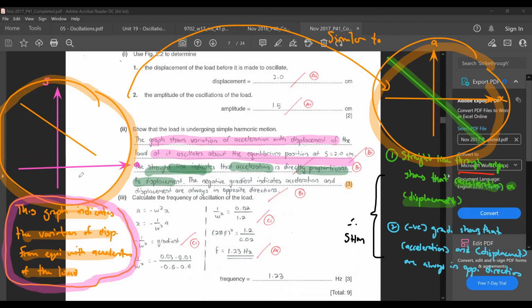This is not the proper graph that you're referring to. Okay, the question gave you a different kind of graph with a different kind of displacement. All right, so this one is 1 point. Then the other point would be you just saying the negative gradient indicates that acceleration and displacement are always in opposite directions. This one I can just directly copy the ones on the right, okay, without changing anything. So in your case, first point, second point, third point. That's where your 3 marks come from. Okay. So far so good for this. All right.